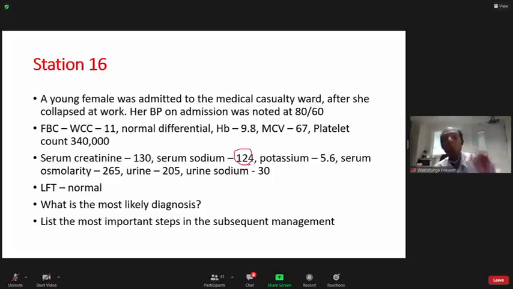Okay. In all 3 of these, there is a similar biochemical pattern. I will take SIADH as the key example here. What is the similar biochemical pattern? In SIADH, there is inappropriate ADH secretion, right? So there is fluid retention, making the urine more concentrated.